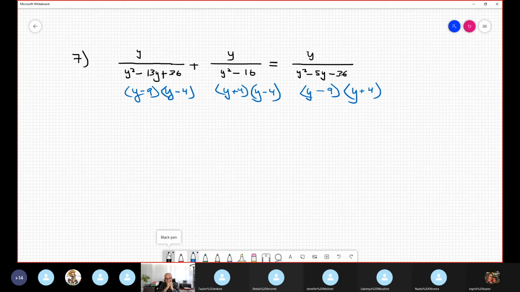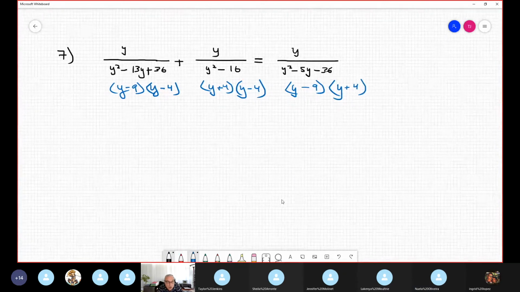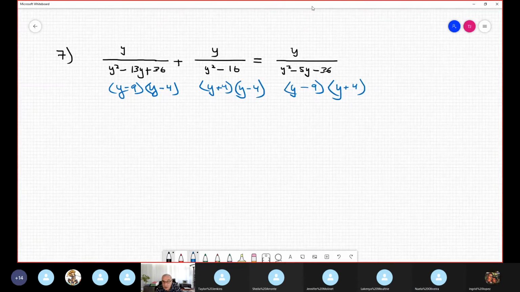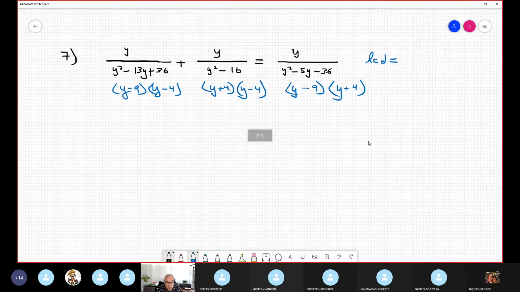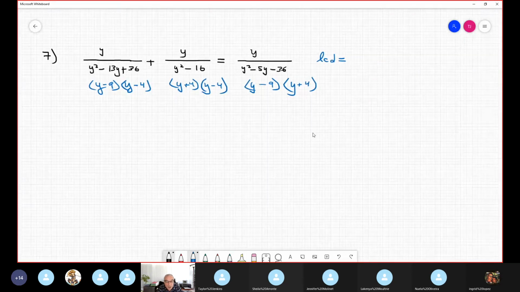After that, we're going to find the LCD. What is the LCD in your opinion? Help me to find the LCD. y minus 9, y plus 4, and y minus 4.